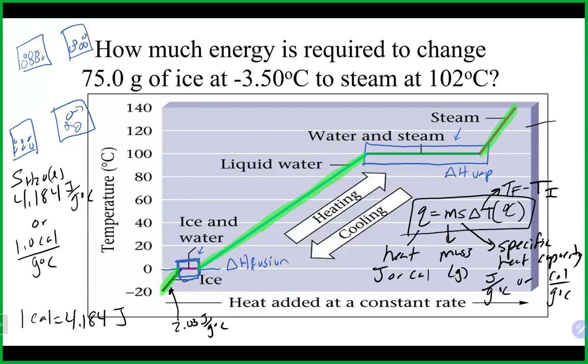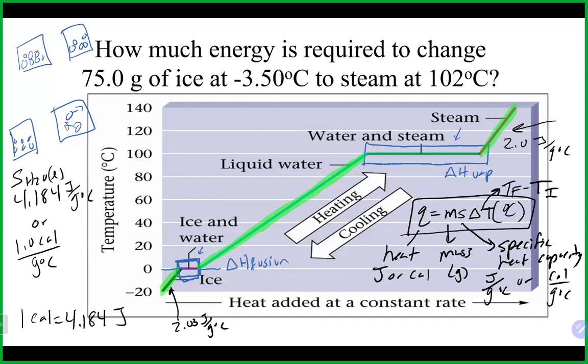Same thing if you were using the specific heat equation in this region. The steam has more like 2 joules per gram per degree Celsius as specific heat. So that 4.184 joules per gram per degree Celsius is specific for liquid water. If you happen to be above 100 degrees, which would be steam, or below 0 degrees, which would be ice, it's not liquid water, so you want to make sure you use a different value for the specific heat capacity.